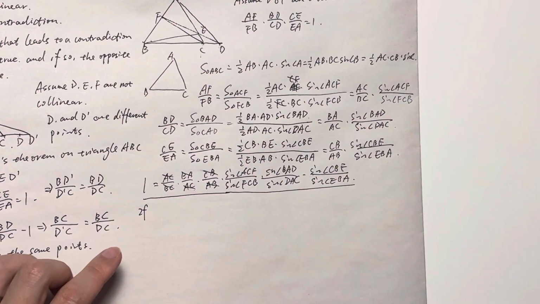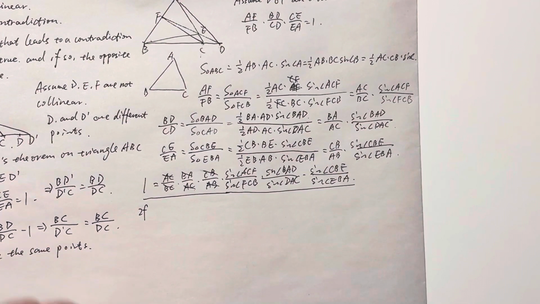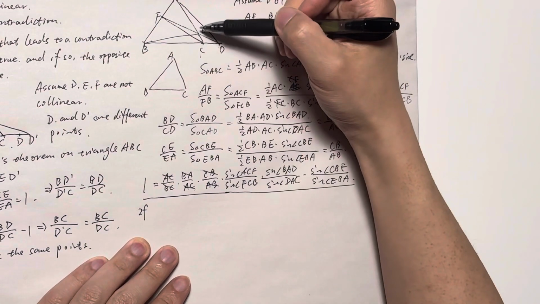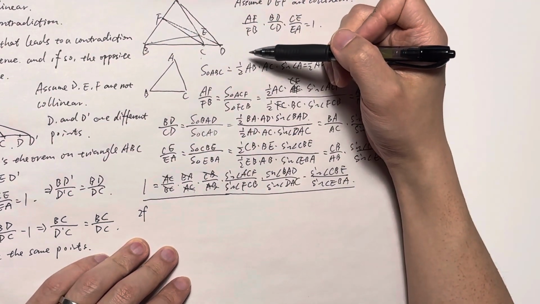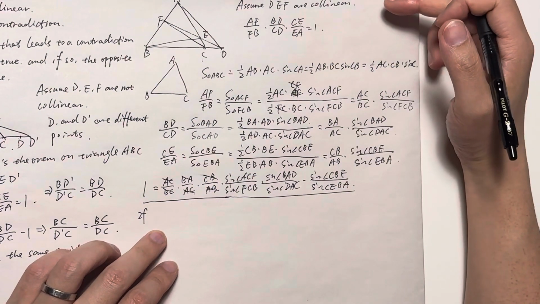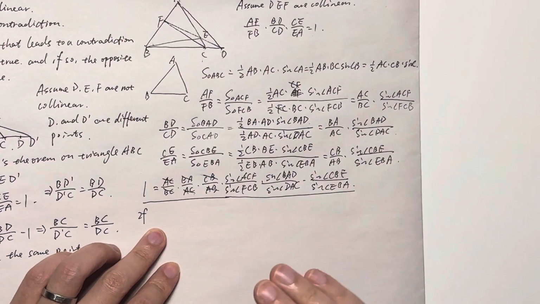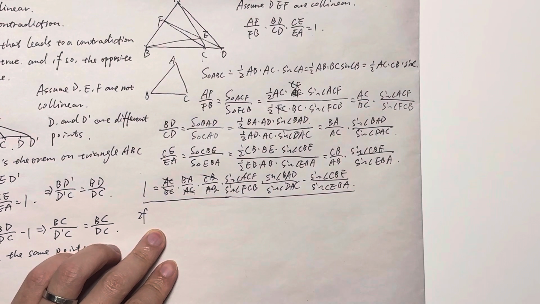And again, let's assume FED are not collinear, which means we can, similarly to the proof procedure that we did in the converse of Menelaus theorem, extend FE to a point D prime, and use the angle form of the Menelaus theorem on the triangle ABC and the line FED prime, right?